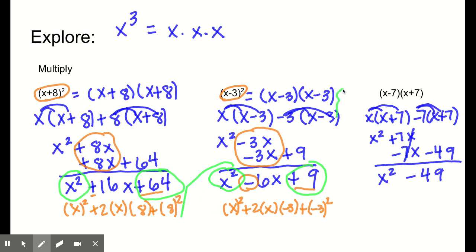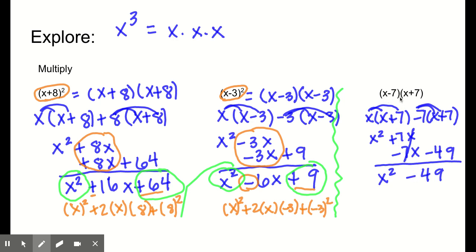Then we have something a little bit different over here. Notice that in our original multiplication problem, we had an x minus 7 and an x plus 7. I'm going to call this 1 plus 1 minus. And when we have 1 plus 1 minus, something a little bit different happens.